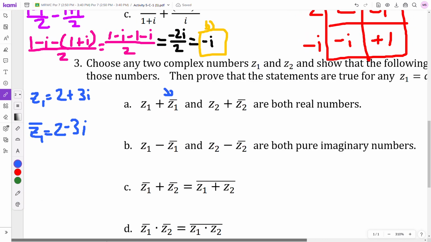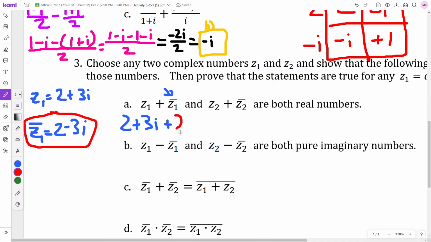So let's try adding them up, because it says to add them up. What do we get? Well, we get z sub 1, so that's 2 plus 3i, plus this part over here. I kind of wish I'd used a different color, so let me just do this. 2 minus 3i.